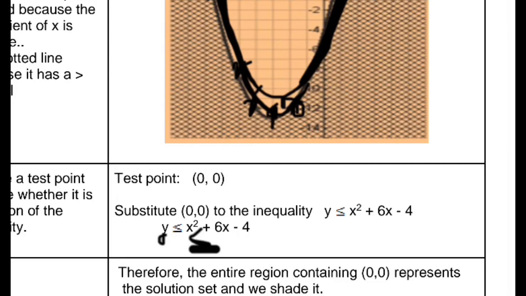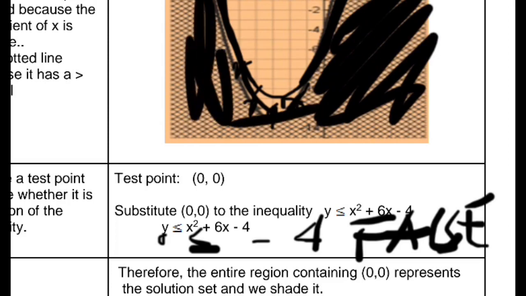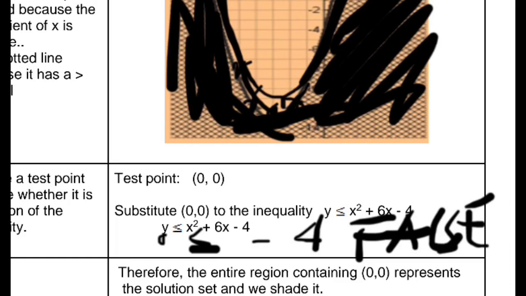So 0 is less than or equal to negative 4. This is false, meaning we can say that (0, 0) does not satisfy the inequality. So since this does not satisfy the inequality, we're going to shade the outer part, this one in here. But if the origin (0, 0) satisfies the inequality, then you're going to shade the inner part.